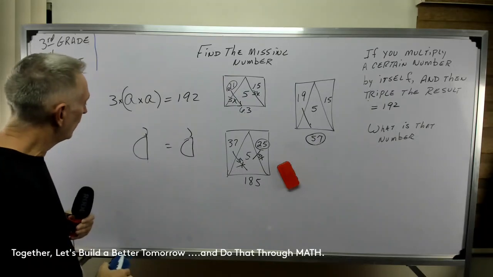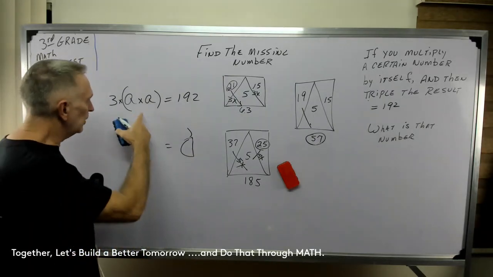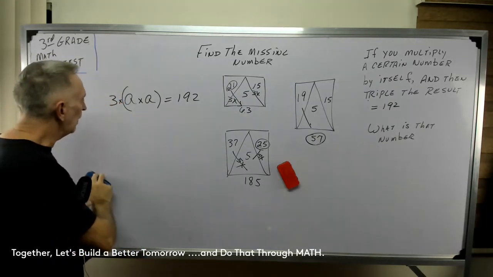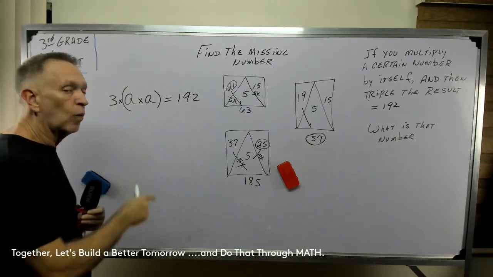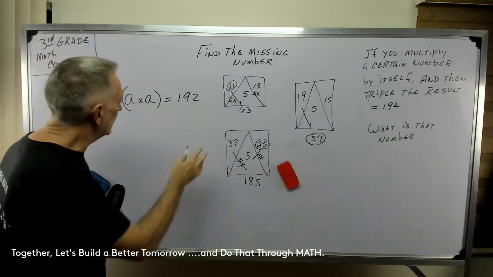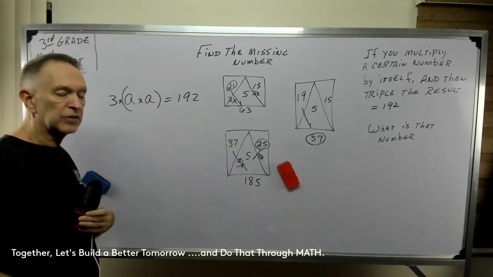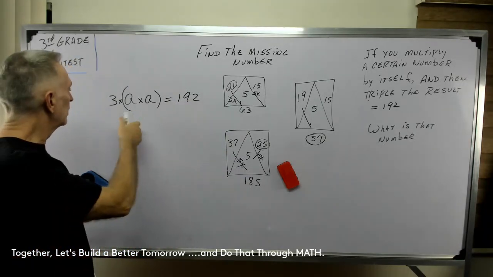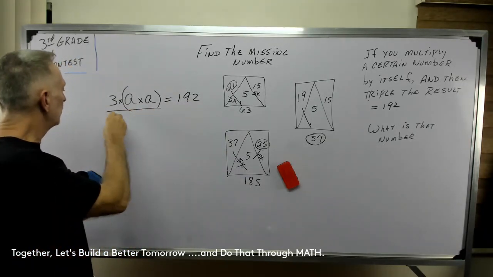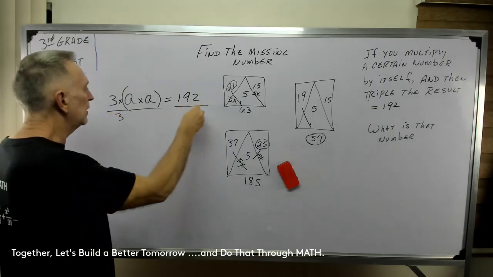Whoa, how about that? So let's do that up here. Since I want to know what A is, I need to get everything else except A there. Well, I can divide both sides by 3.